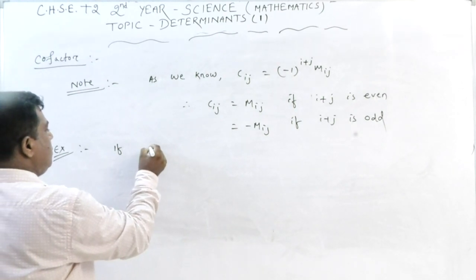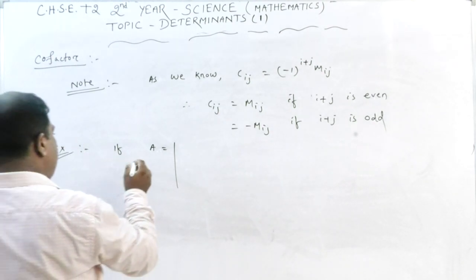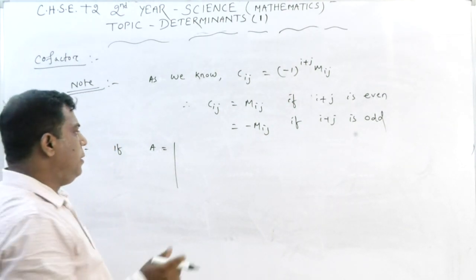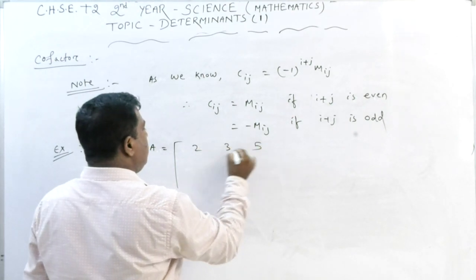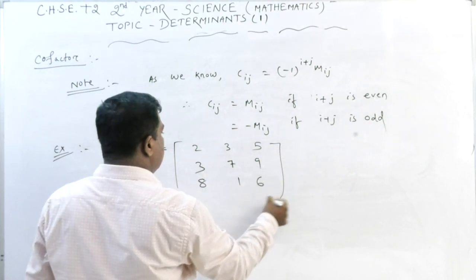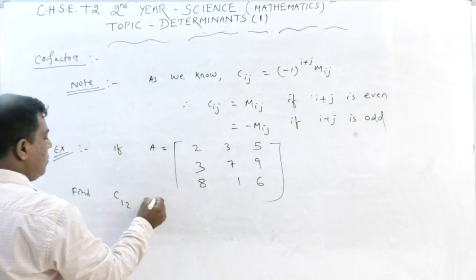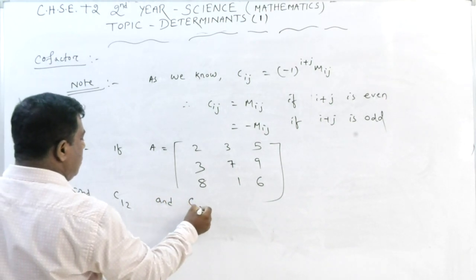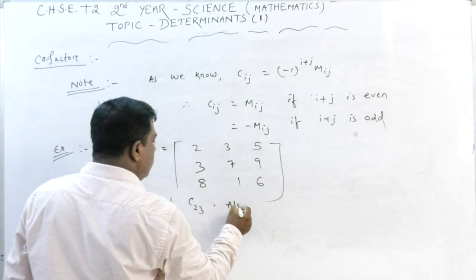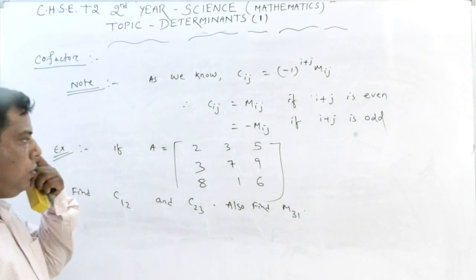If A equals, the determinant of A equals 2, 3, 5, 3, 7, 9, 8, 1, 6, find C12 and C23. Also find M31.